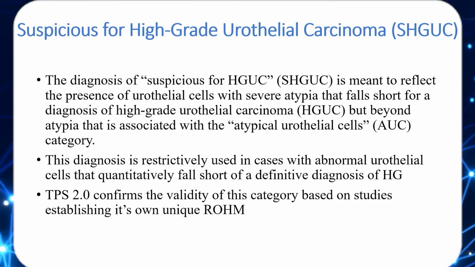Suspicious for high-grade urothelial carcinoma, again, this is not really a wastebasket categorization. It's very much there, and I'll tell you why. Both the risk of malignancy obtained by rendering this diagnosis is significantly different from when we make a call of atypical or straight-out high-grade urothelial carcinoma.